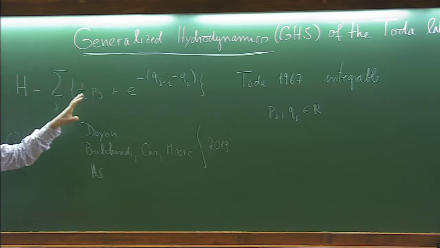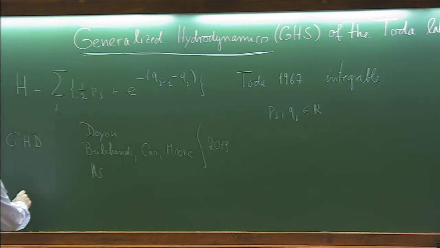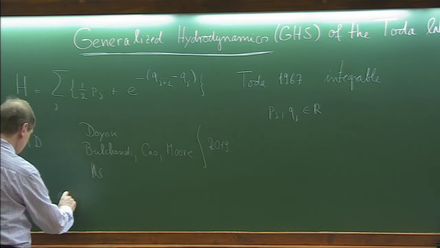I'm just looking at this very specific one, but once you understand it in one particular case, you have a good chance to understand it for all other cases. Of course, there are complications depending on the particular system, and you have to think about it anew. But basically, you can think that the generalized hydrodynamics always follows the same pattern. And therefore, my philosophy is that I use the Toda lattice as what I call a roadmap.